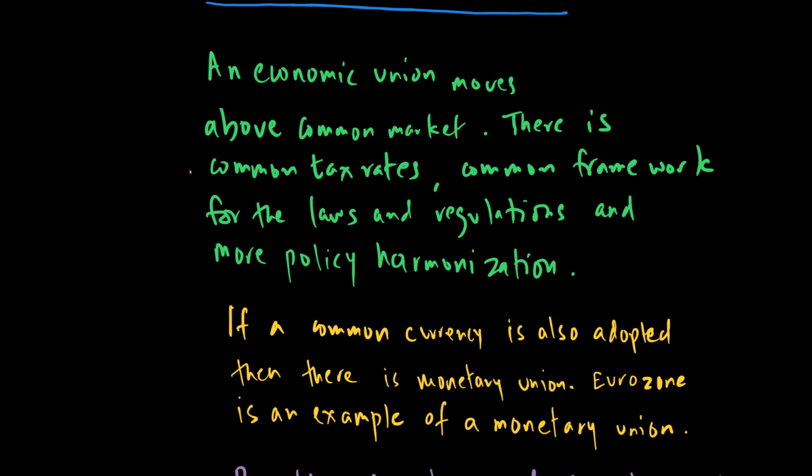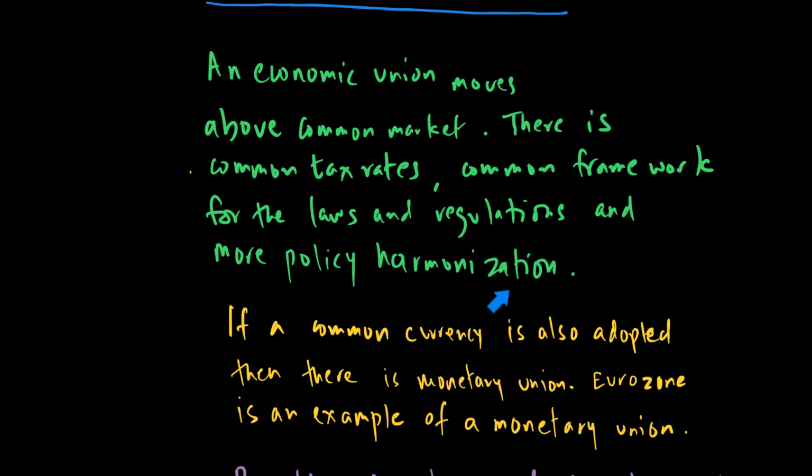But at the same time, you have a common tax rate policy, which is fiscal policy. You also have the same laws and regulations, so that no one member can benefit from a different or unfair advantage. The idea is that there is a lot of policy harmonization.